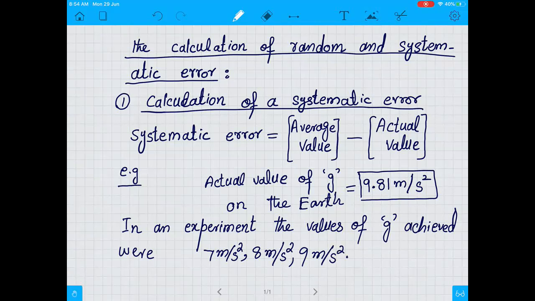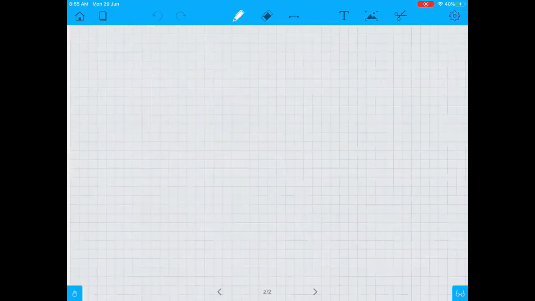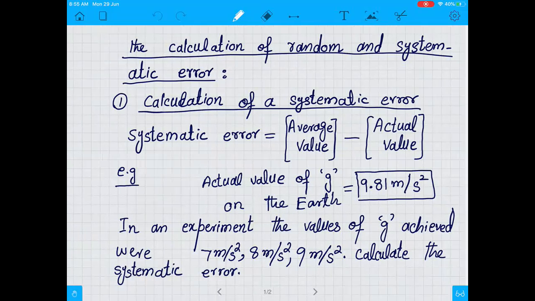Now the question is, calculate the systematic error. Now this is the question. Now the first step would be, you need to calculate the average of the data that you collected.